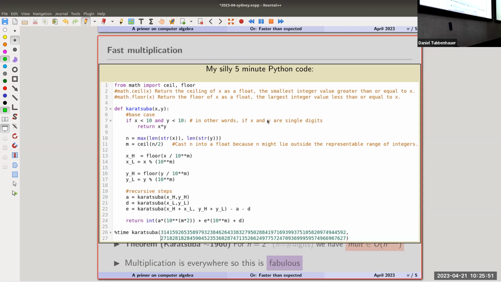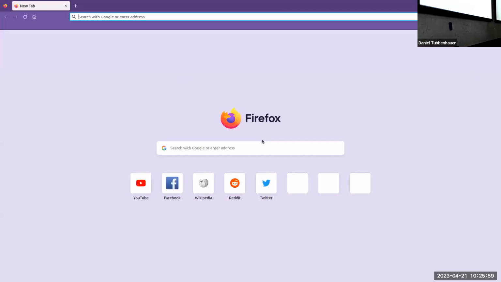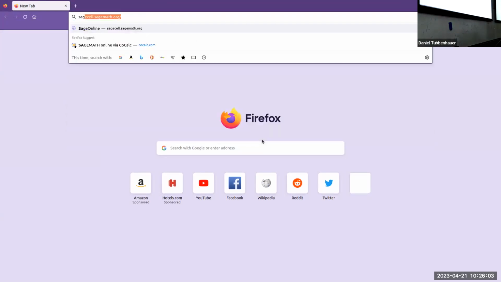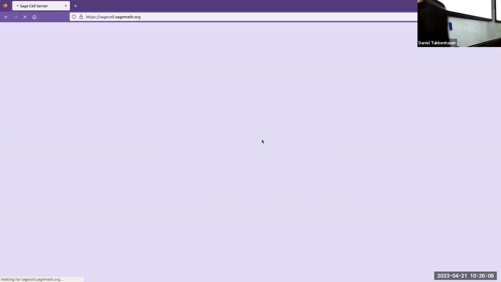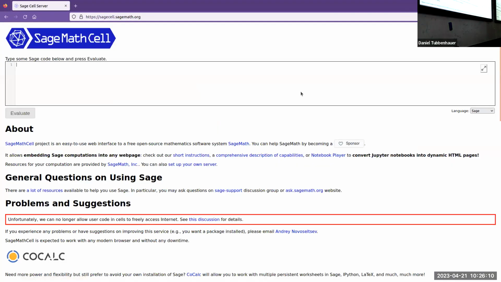So here's code that does that, and we can do that live. It will take me a second in Python. You can also run Python online, so you don't need to install anything. Again, I would like to highlight that Python is Sage, and that you can do everything yourself.